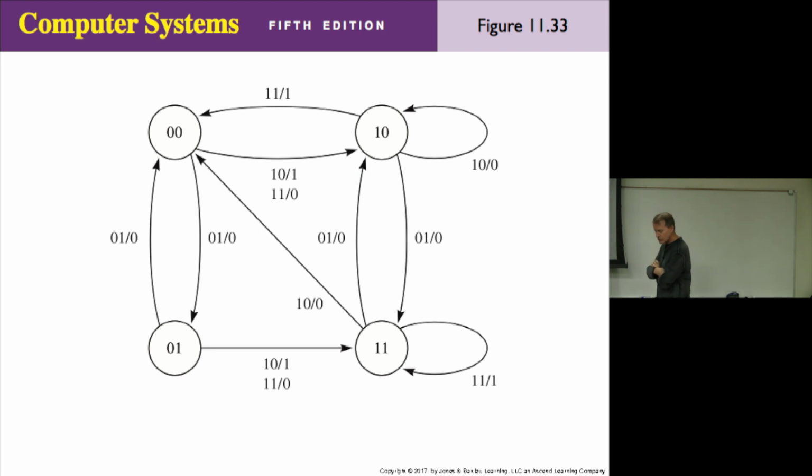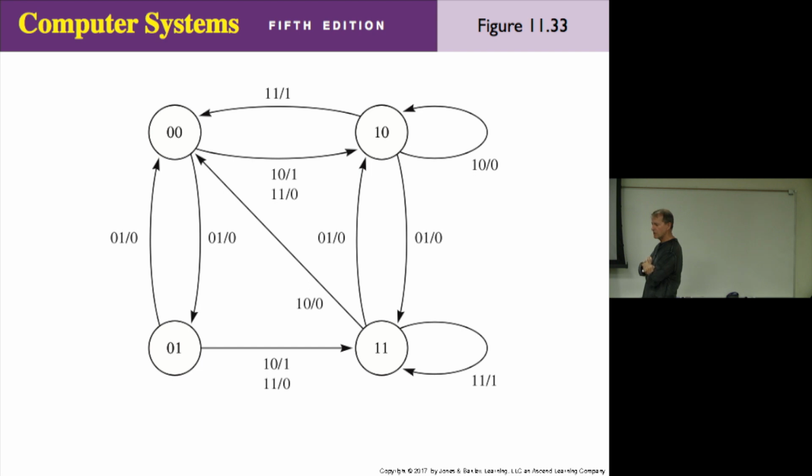So tell me, from this finite state machine in figure 11.32, what does it tell us? What does each transition tell us? It tells us that if we're in a given state and we have a given input, what the next state is. So I think we just need to tabulate that.